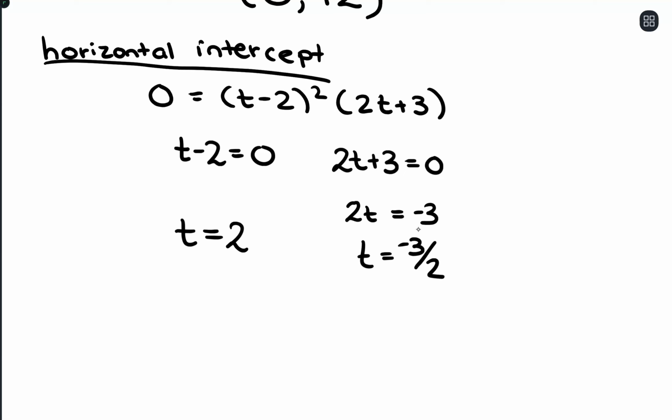And something I just want to bring up here is the multiplicity. So that horizontal intercept of t equals +2 has a multiplicity of 2. And this t equals -3 halves didn't have an exponent on that factor, so that has a multiplicity of 1.